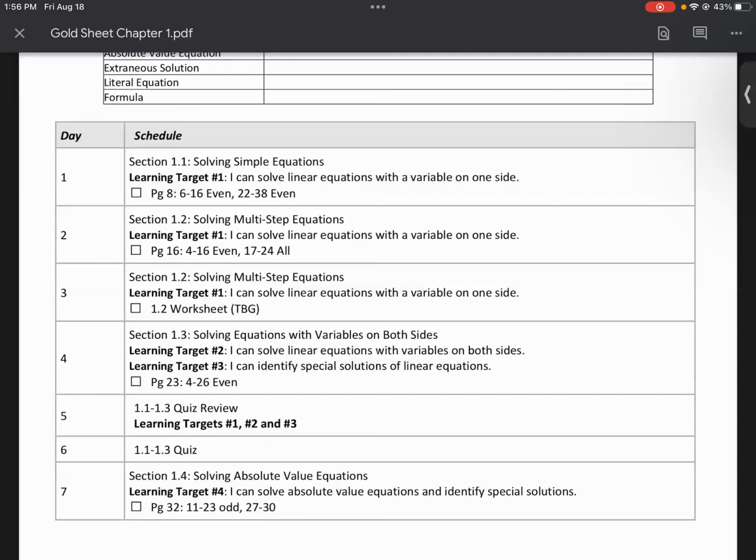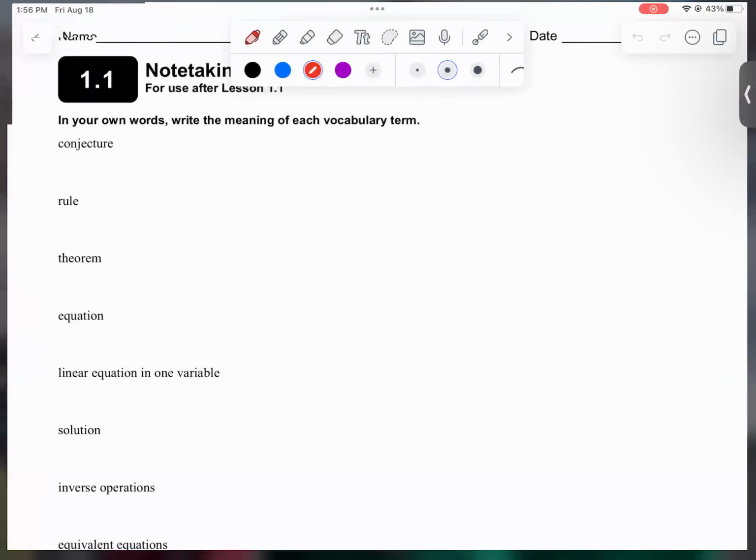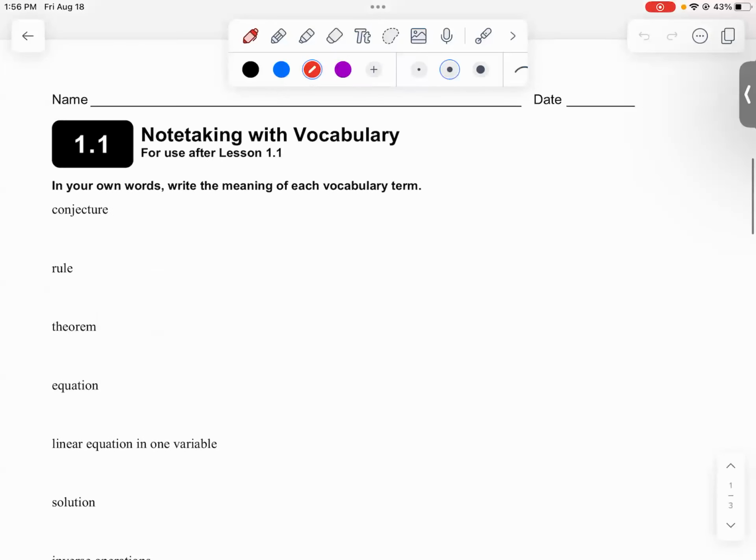Okay. So, do we understand that this page 8 is not from the flimsy book I gave you? It's from the book that you don't have. So you find this on Google Classroom. Go ahead and in your student journal, that's what that blue book is called, turn to page 4.